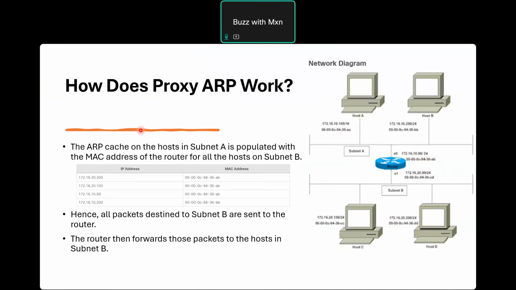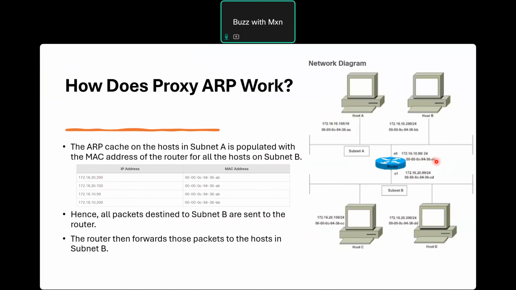The ARP cache on the host in subnet A will be populated with the MAC address of the router for all the hosts on the subnet. In this table, you will see various IP addresses mapped to a single MAC address, the MAC address of the router's interface.